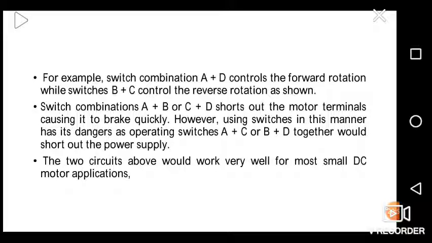Switch combination A plus B or C plus D shorts out the motor terminals, causing it to brake quickly. However, using switches in this manner has its dangers, and operating switches A plus C or B plus D together would short out the power supply. The two circuits above would work very well for most small DC motor applications.